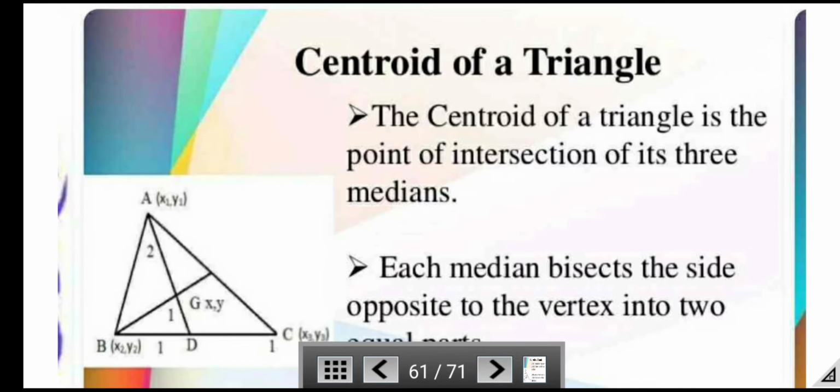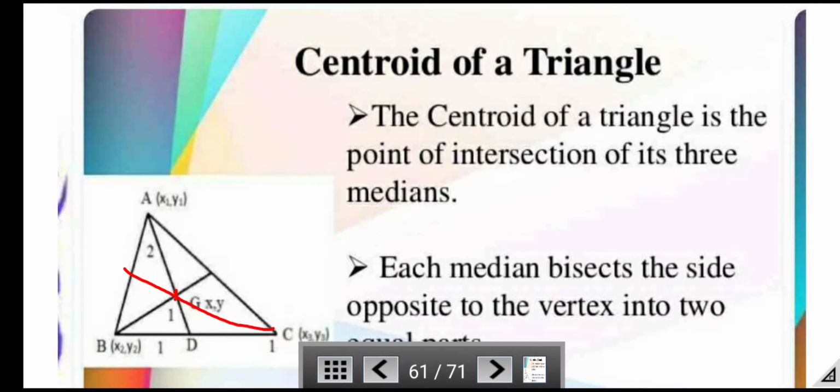Now, the centroid of a triangle. The centroid of a triangle is the point of intersection of its three medians. This is a triangle, and the point of intersection of its three medians is called the centroid.